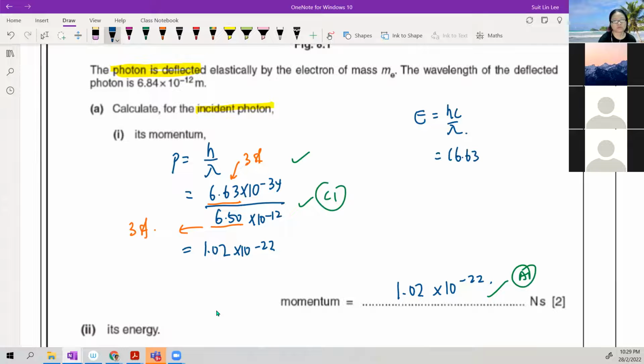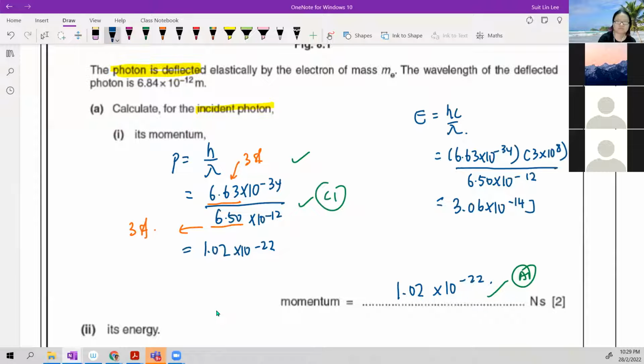So 6.63 times 10 to the power -34, 3 times 10 to the power 8. I can almost guarantee you will use this equation in your exam, just don't know which chapter. Lambda is 6.50 times 10 to the power -12. If you press your calculator, you will get 3.06 times 10 to the power -14 joule. Because still 3SF.